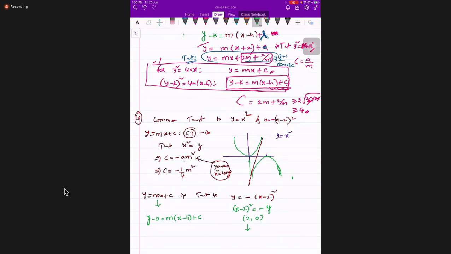This will be the tangent to this parabola. Understanding or not? Now y equal to mx minus mh. What is h here, students? 2.